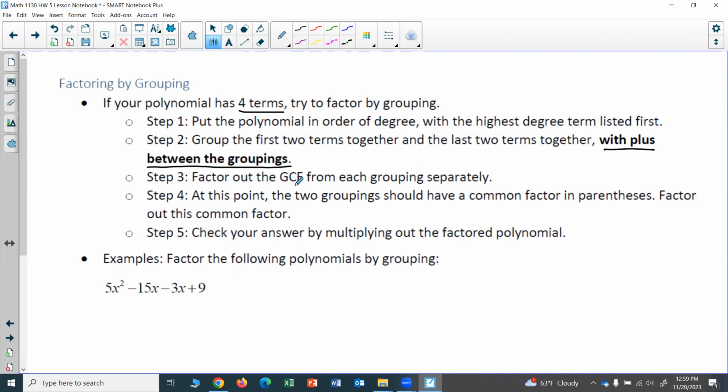Step 3, factor out the GCF from each grouping separately. Step 4, at this point, the 2 groupings should have a common factor in parentheses. Factor out this common factor and then check your answer by multiplying out the factored polynomial.